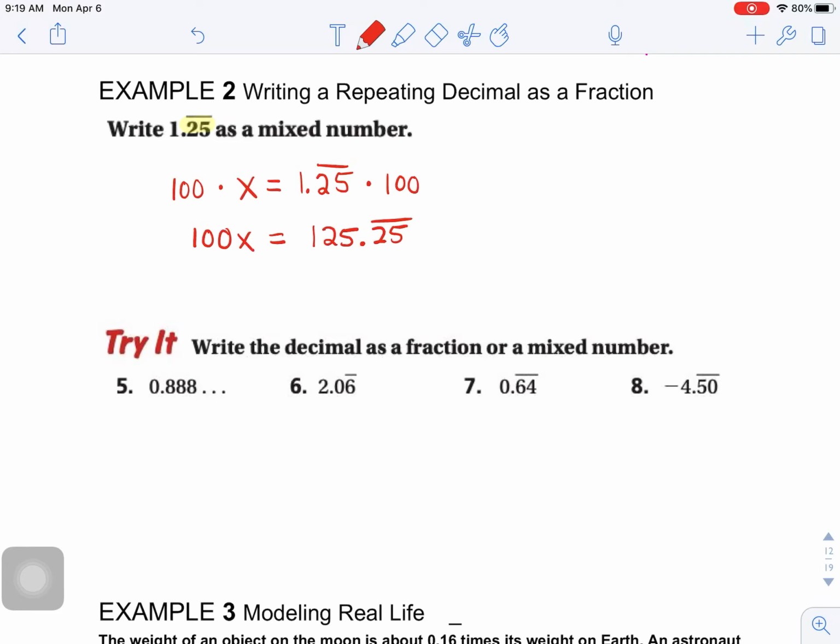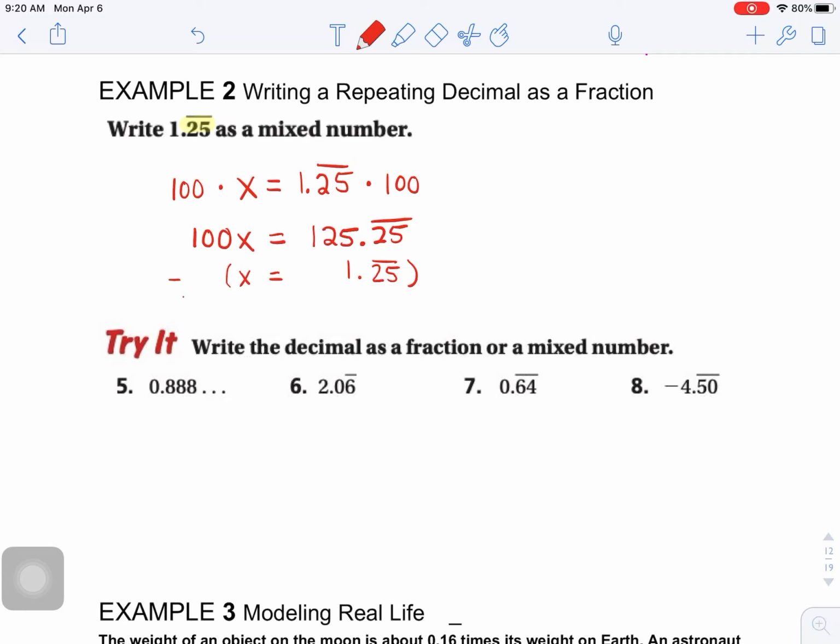Then I'm going to subtract the original equation, x equals 1.25 repeating. I made sure to line up my pieces to make the subtracting a little bit easier.